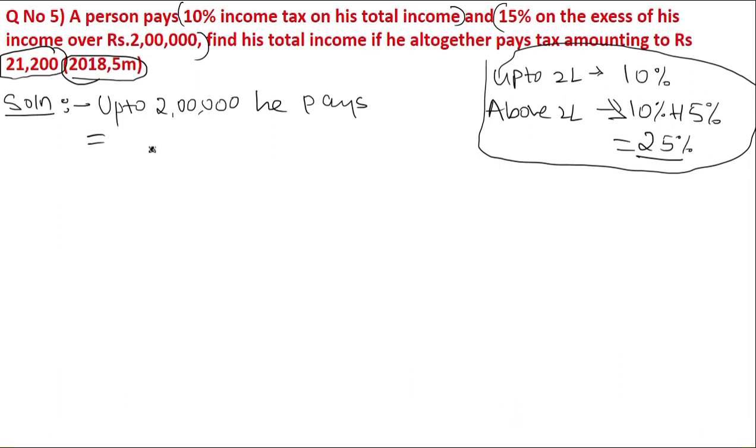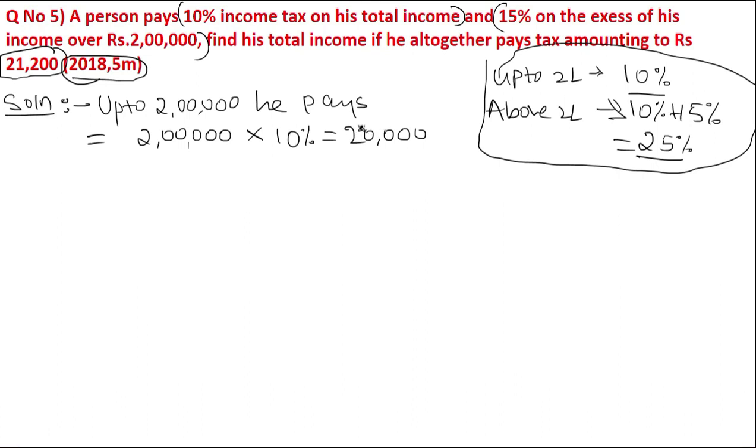It is nothing but 2 lakh into 10%. Correct? So 2 lakh into 10%, how much will it become? 20,000. So up to 2 lakh he is paying 20,000 tax.